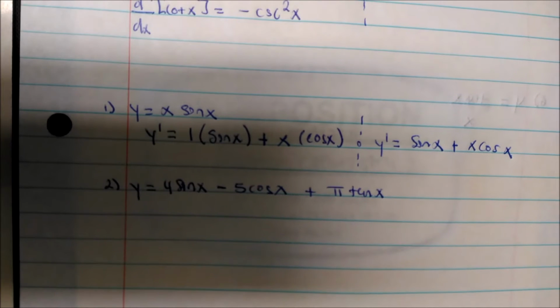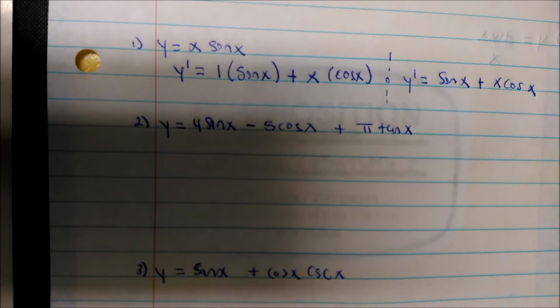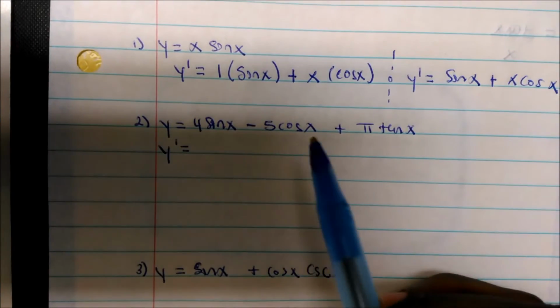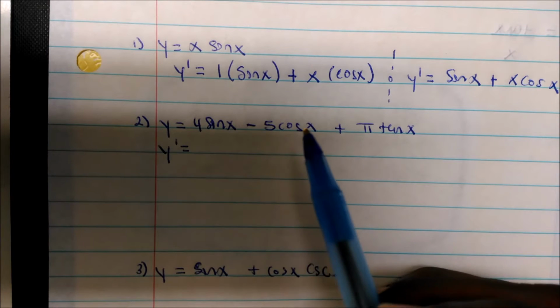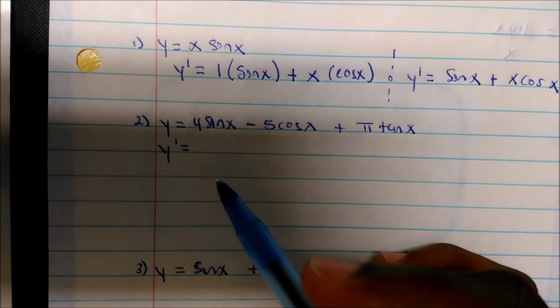All right. Let's look at the next one. So this says y is equal to 4 sine x minus 5 cosine of x plus pi tangent of x. So this is just a sum and difference of derivatives, and here's a shortcut, guys, that it's good to remember so you don't have to go through the product rule multiple times.